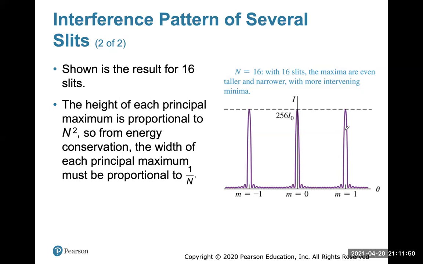Now, if the height of each intensity maximum goes like N squared, then the total integrated intensity, we need to make sure that it's proportional to N, because there are N slits, N sources. So each peak has to be sized 1 over N so that the proportionality goes like capital N. They have to get narrower if there are more of them.